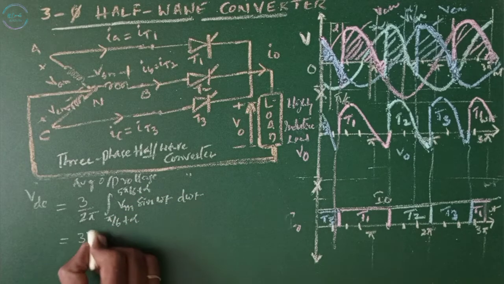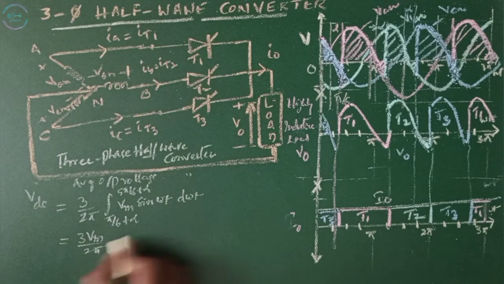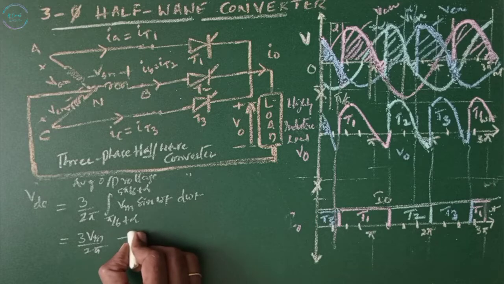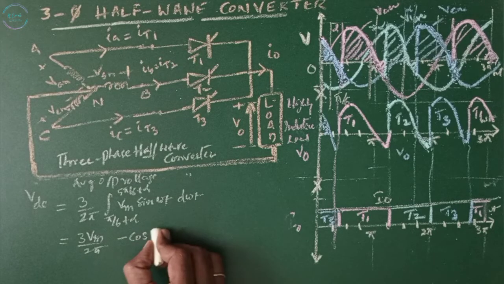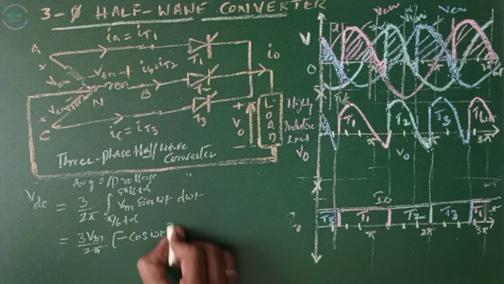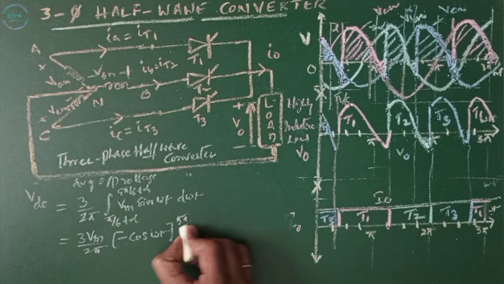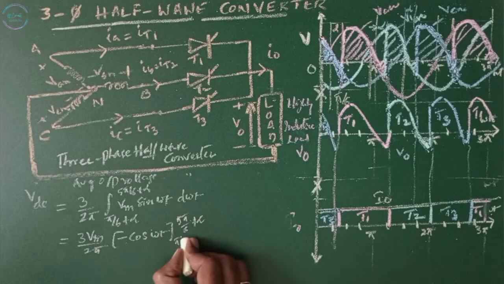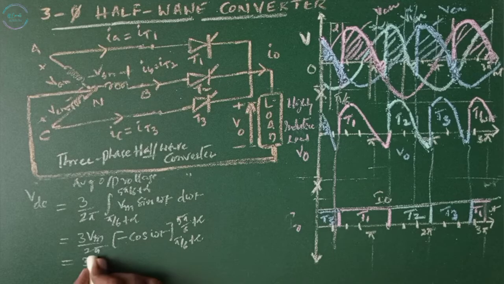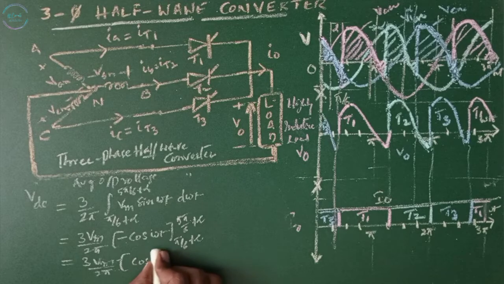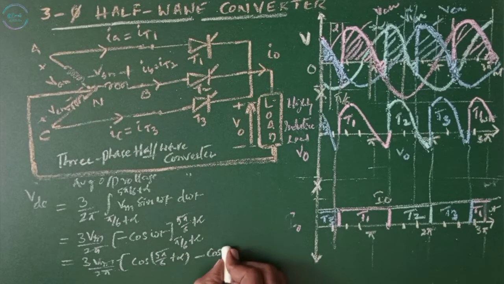If you solve this, 3 Vm by 2 pi, the integral of sin is minus cos omega t within the limits pi by 6 plus alpha to 5 pi by 6 plus alpha. Taking this minus out, 3 Vm by 2 pi, cos of pi by 6 plus alpha minus cos of 5 pi by 6 plus alpha.